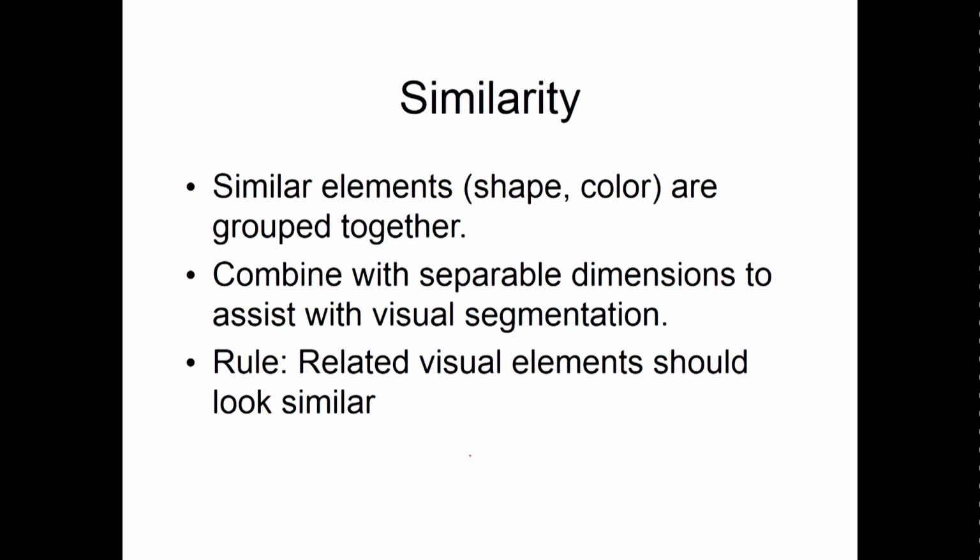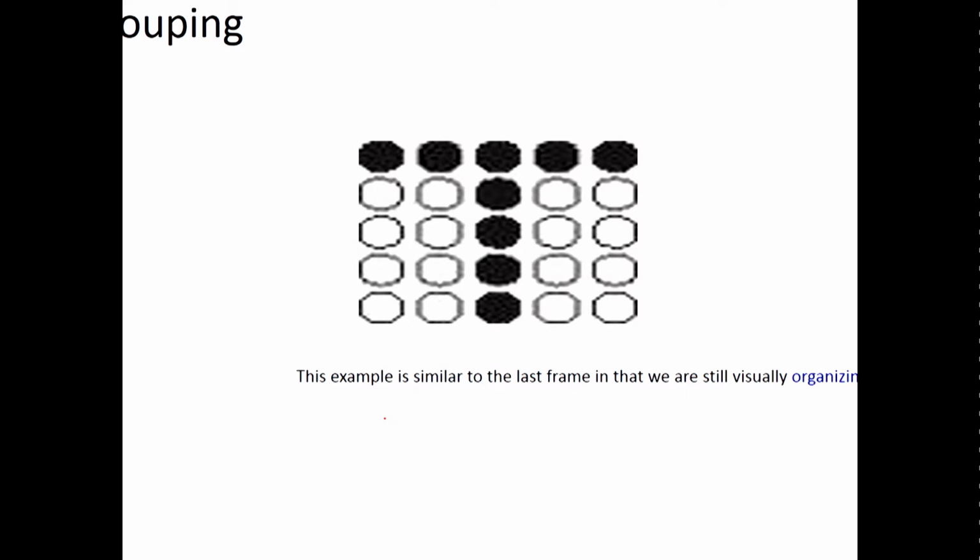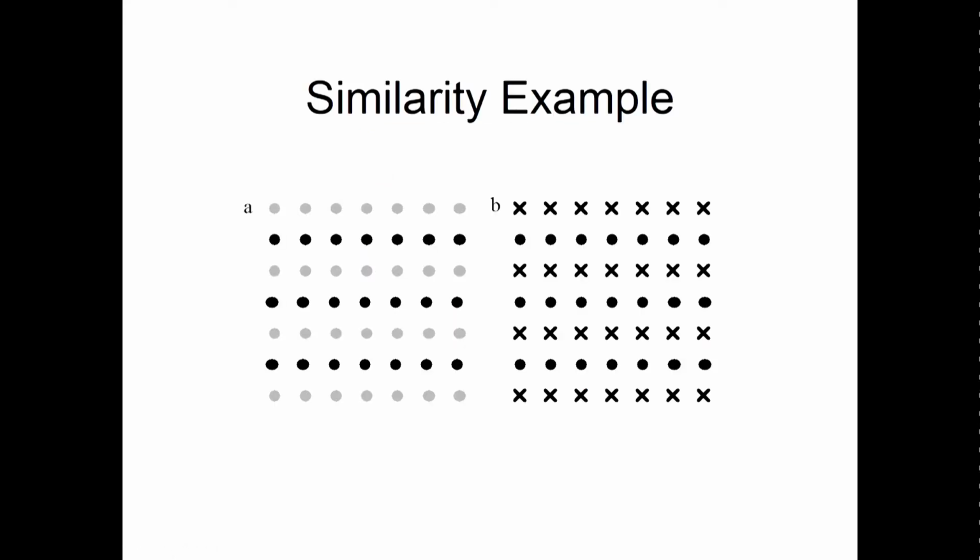Grouping, or similarity, as some literature calls it: similar elements, shape or color are grouped together, combined with separable dimensions to assist with visual text segmentation. Related visual elements should look similar. Here is another example where the black dots are grouped together. In this one, we group all the black dots and all the gray dots together.